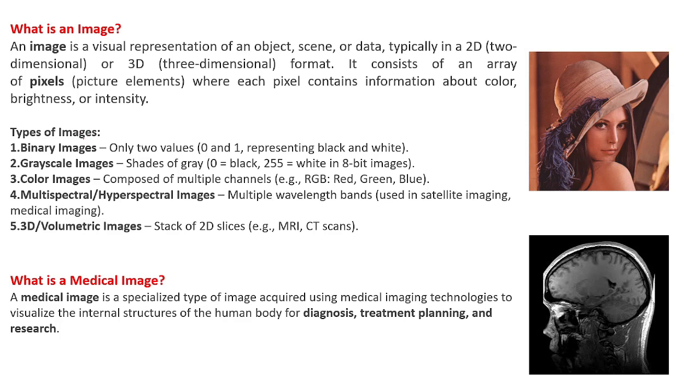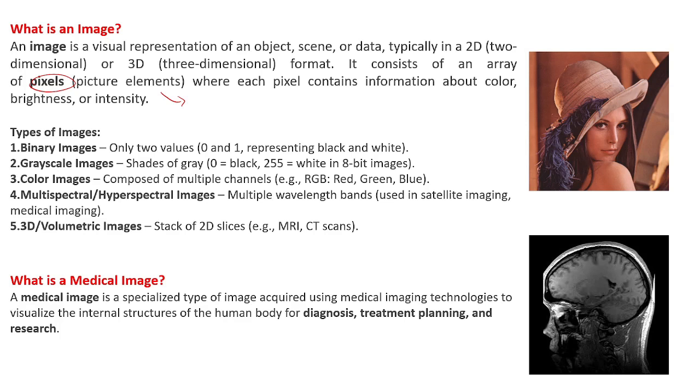It consists of an array of pixels. What are pixels? We will discuss later, but I tell you the pixel is the smallest unit of the image, also called a picture element, where each pixel contains information about color, brightness, and intensity. So each pixel has characteristics that depend on color, brightness, and intensity.